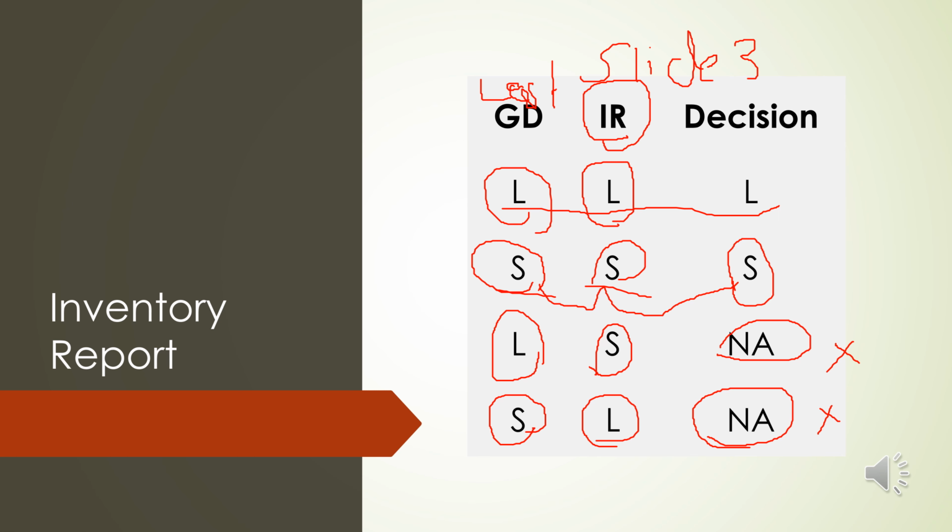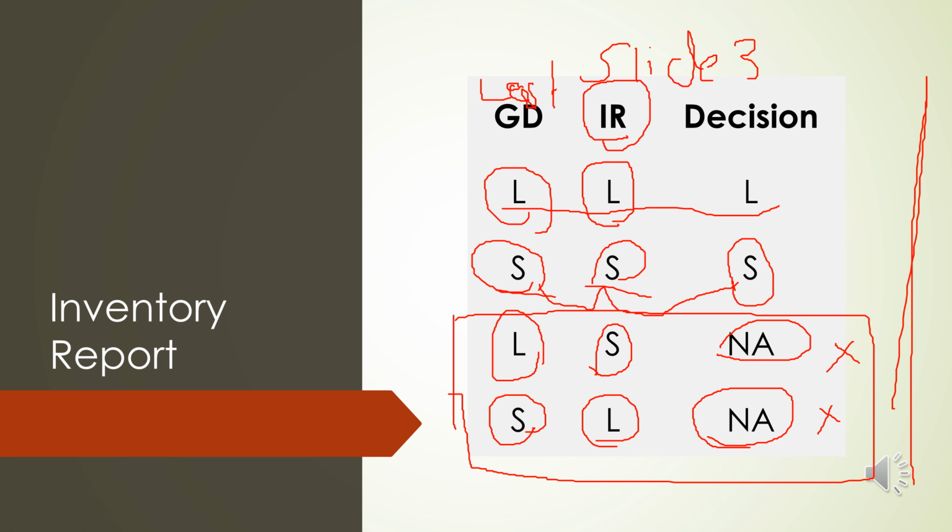Of course, there are more opportunities when the direction is long and the inventory report direction is short, because those two opposites will create an extremely good position for a trader. But the problem is it can be very highly volatile, so you cannot predict what's going to happen.